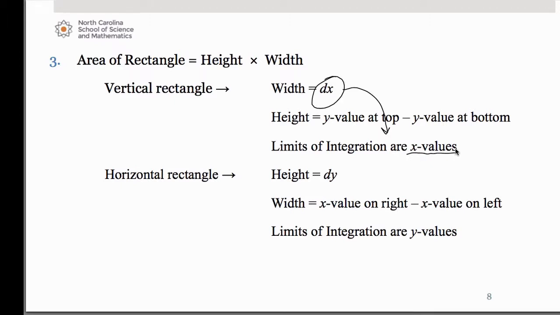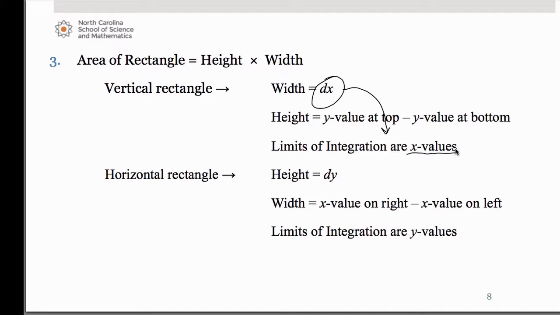Now, once in a while, you'll run into a problem where you have a horizontal oriented rectangle that's going left to right, and maybe it's hitting one curve on the left, another curve on the right. In that case, you have a dy problem. The reason is the width is going up and down, so it's a delta y this time. The width, or if you want to think length of your rectangle then, is the x value on the right minus the x value on the left.